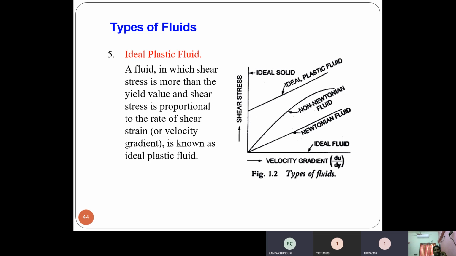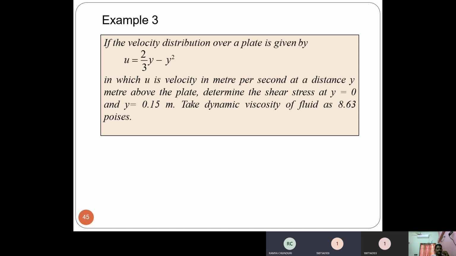Okay. Now come to the next slide. This is a simple problem. If all of you see this slide, read this slide.